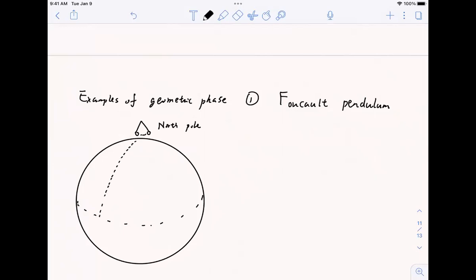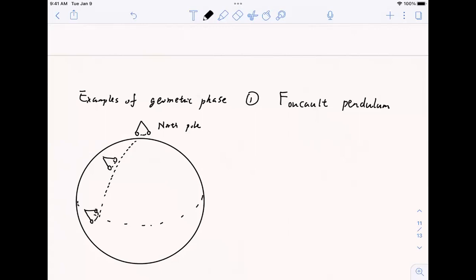Then we're going to move this pendulum along this path slowly. At every point, you can imagine that the pendulum is going to oscillate like this. When you move it to the equator, the pendulum is oscillating like this.